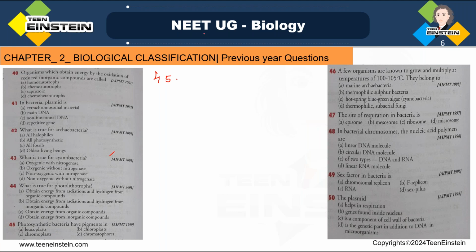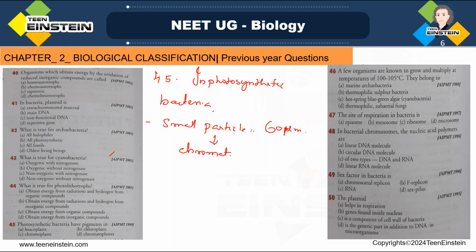We know that photosynthetic bacteria have small particles, around 60 micrometer in diameter, which are called chromatophores. These chromatophores are attached to the inner surface of the cell membrane.